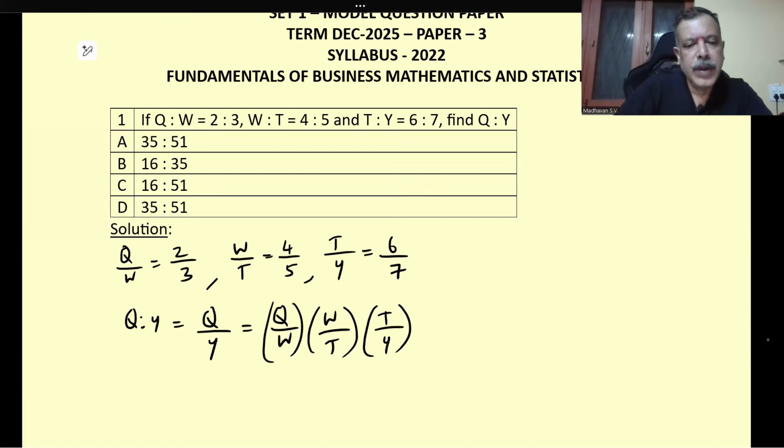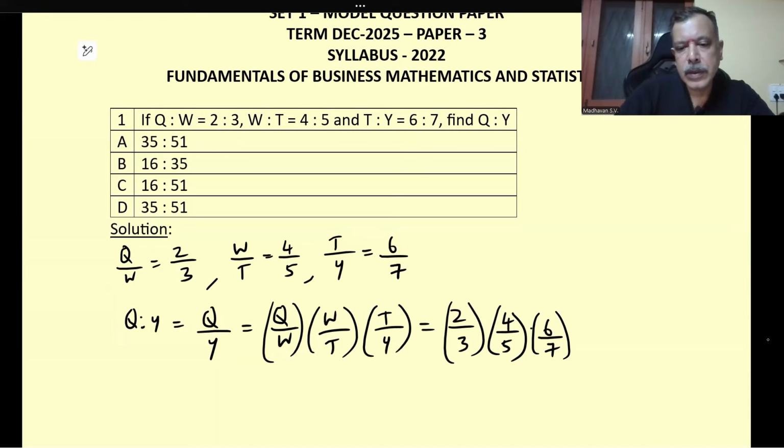So now when we do this, W and W get cancelled, T and T get cancelled. You will get only Q by Y. That is what we want. So Q by W is given as 2 by 3, W by T is given as 4 by 5, then T by Y is given as 6 by 7.